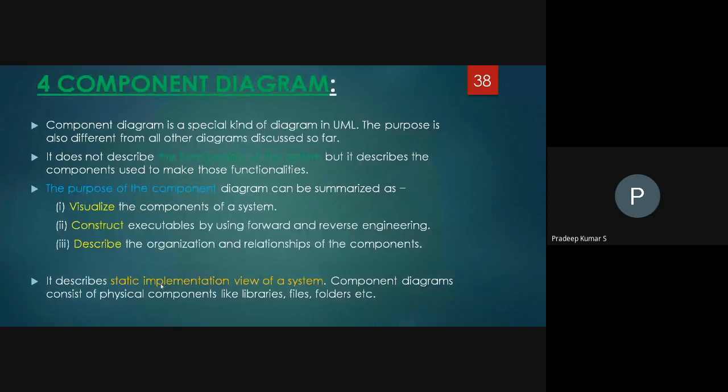What is the difference between the component and deployment? Here the component defines the configuration of the system, while the deployment defines the implementation of the design of the system. That's the difference between the component and the deployment.